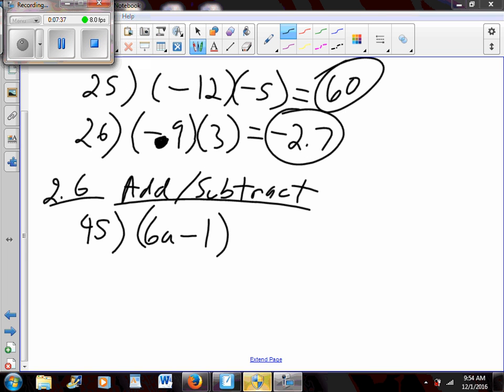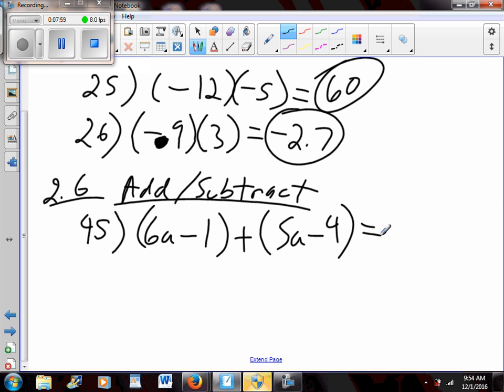All right. Okay, guys, I'm going to skip down to section 2.6, and we're adding and subtracting like terms here. Problem 45 says this, a negative 6a minus 1 in parentheses, plus in parentheses, 5a minus 4. Now, always what I want you to do, initially when you work these out, is clear the parentheses out. All right?